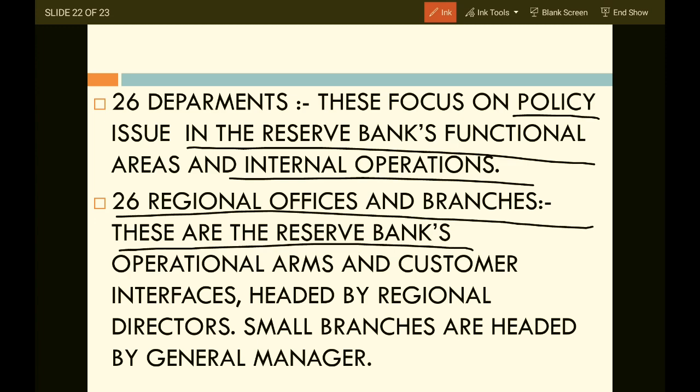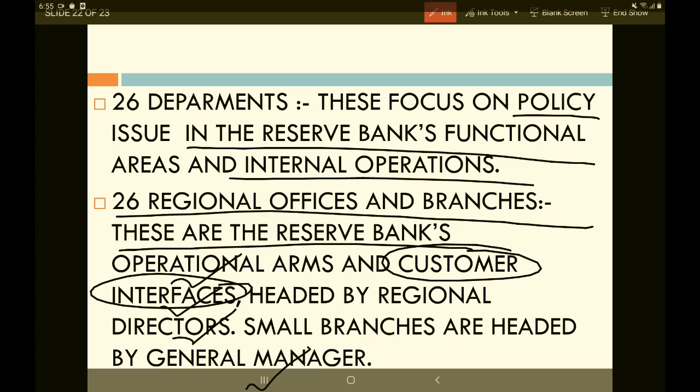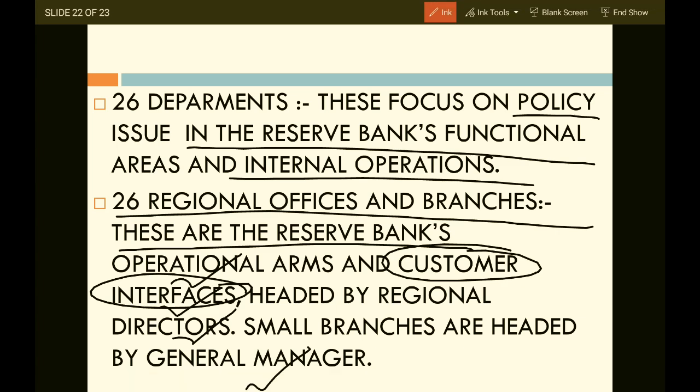These are the Reserve Bank's operational arms and customer interface. They handle customers directly and are headed by regional directors. Small branches are headed by a general manager. Very important: small branches are handled by a general manager and big branches are handled by regional directors.